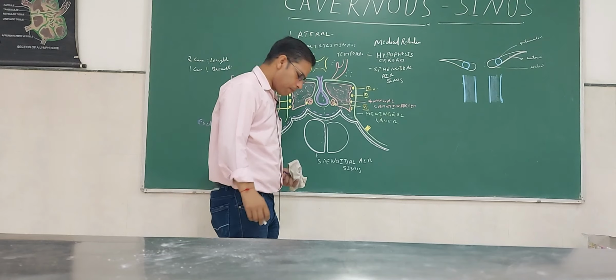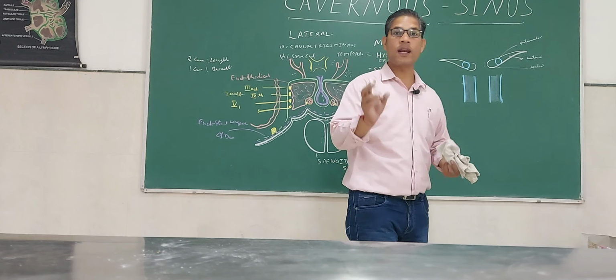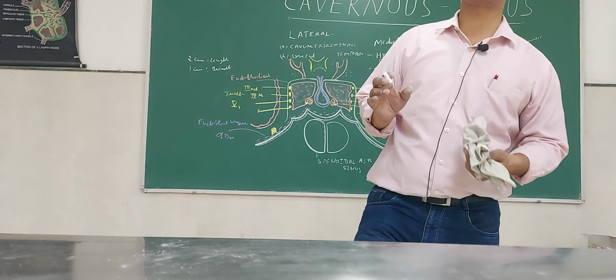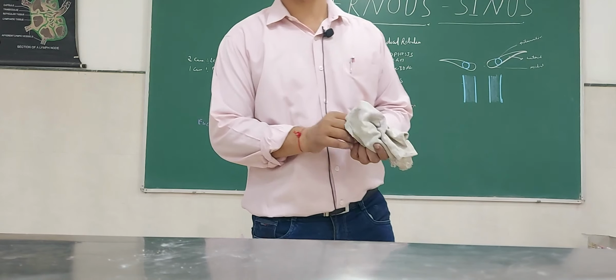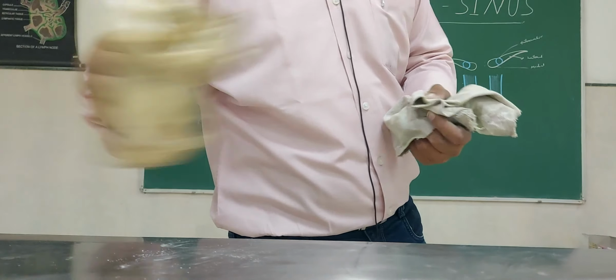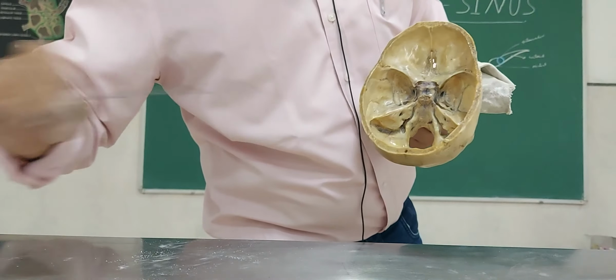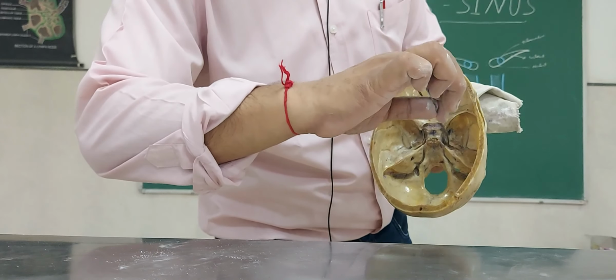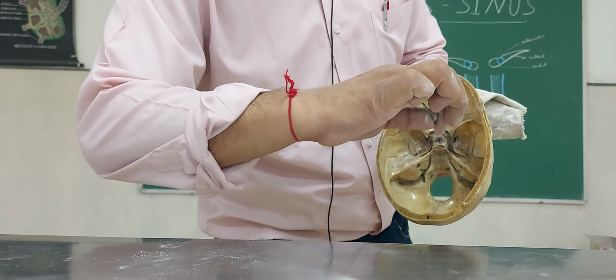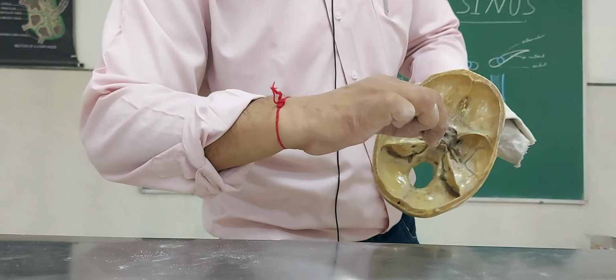This is above. Below, a very clinically important structure: the foramen ovale and the foramen lacerum. If I show you here in this bone, just below this one, this is the foramen lacerum, lying posteroinferiorly, and this is the foramen ovale.